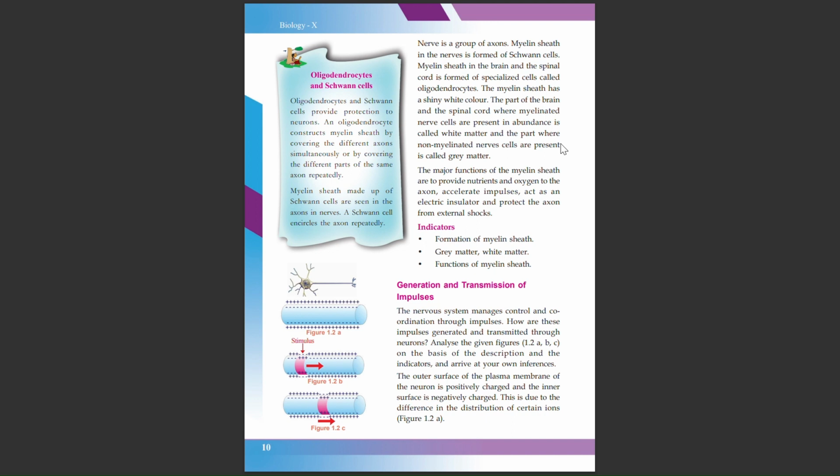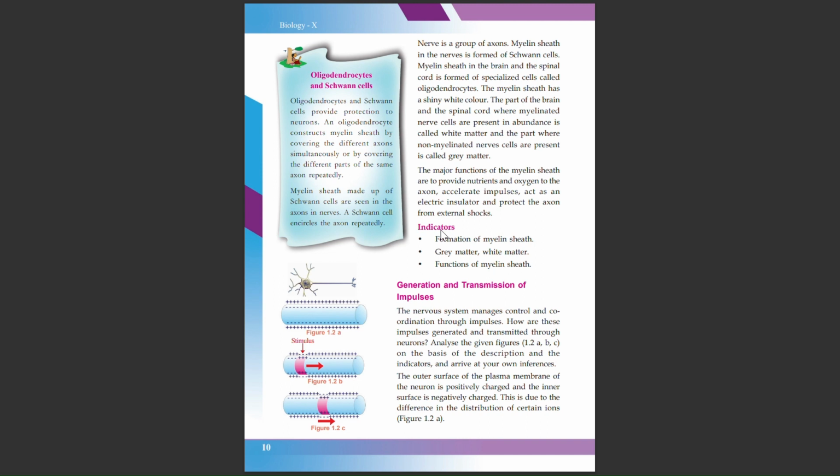The major functions of myelin sheath are to provide nutrients and oxygen to the axon, accelerate impulses, act as electric insulator, and protect the axon from external shock. The main function is to protect the axon from external shock. Okay, and it provides nutrients and oxygen to the axon because the axon is covered by the myelin sheath, right?